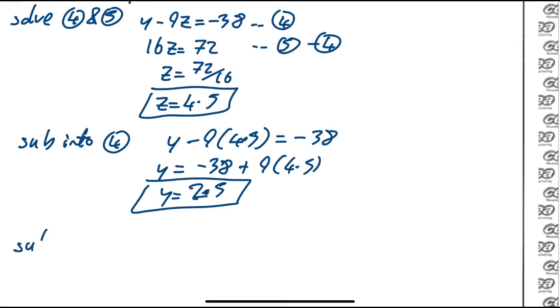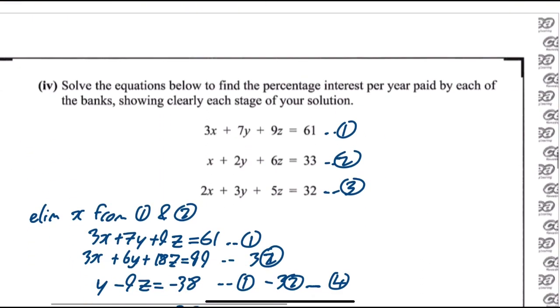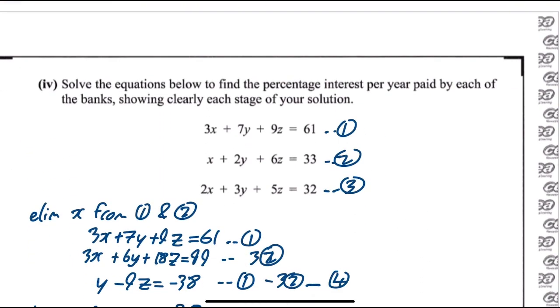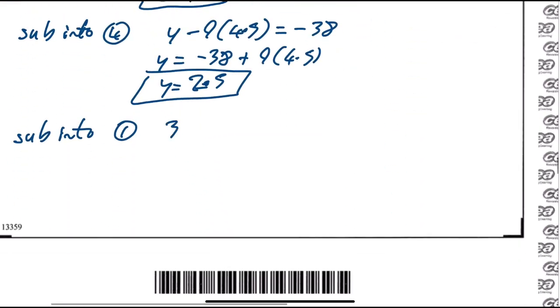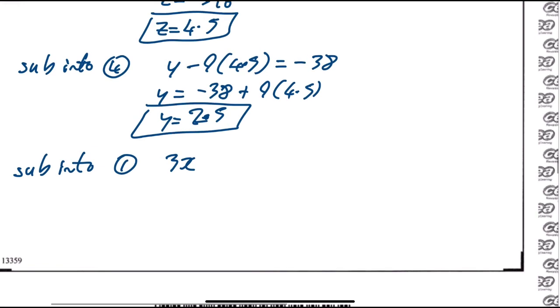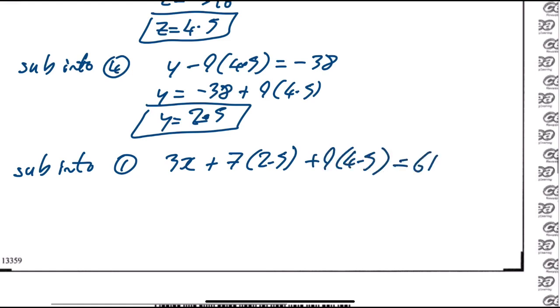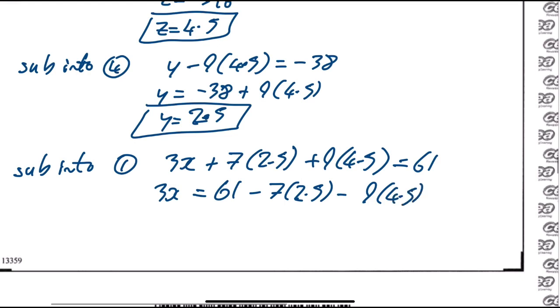Fire that back, sub back into equation 1. Where is our equation 1? Equation 1 was 3x plus 7y plus 9z is equal to 61. So that means 3x, so I'll keep them there that we can see them, plus 7y, so that's 7 times the 2.5 plus 9 times the 4.5 is equal to 61, which means 3x is equal to the 61 minus the 7 times the 2.5 minus the 9 times the 4.5.